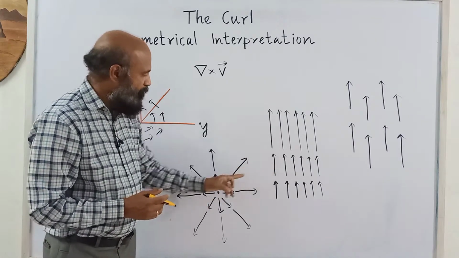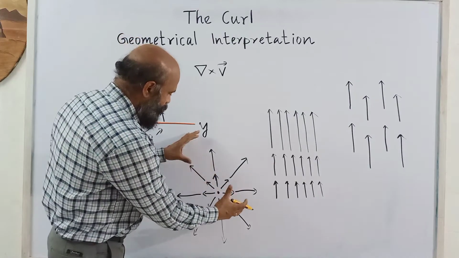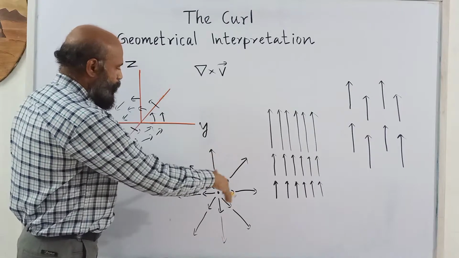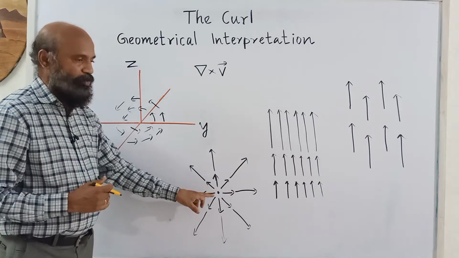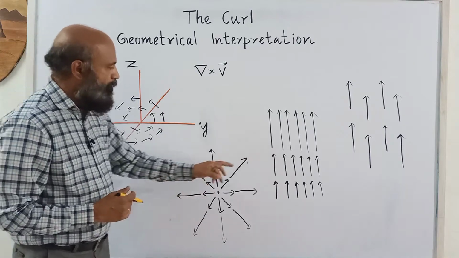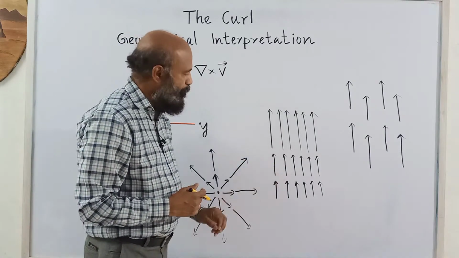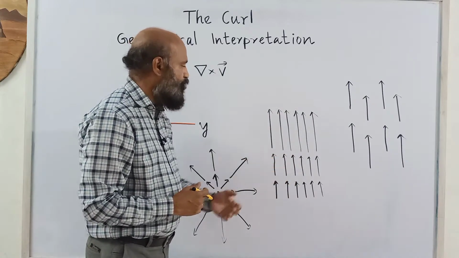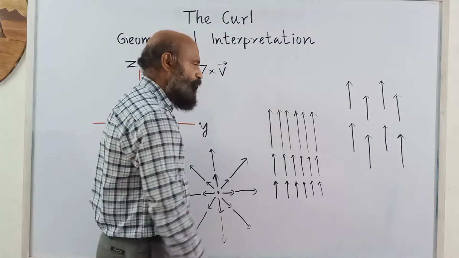These two cases have positive divergence, but here there is no rotation about a particular point, so curl is 0. Positive divergence but curl is 0. Similarly for this also positive divergence but curl is 0, because in this case also there is no rotation.